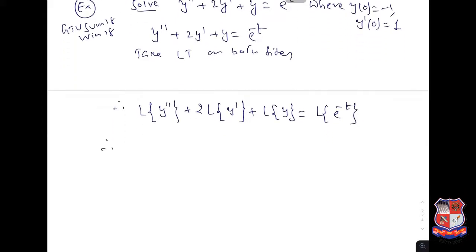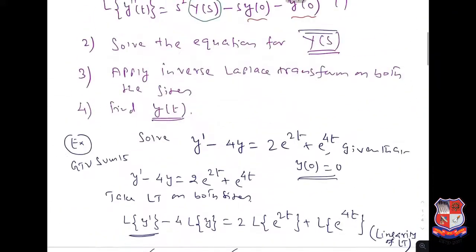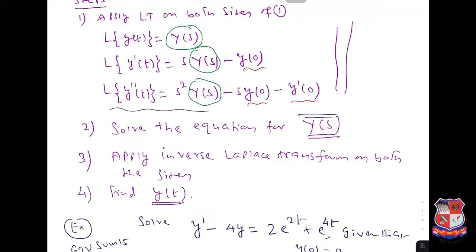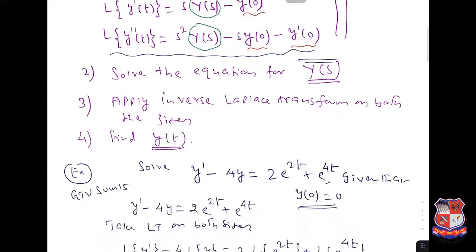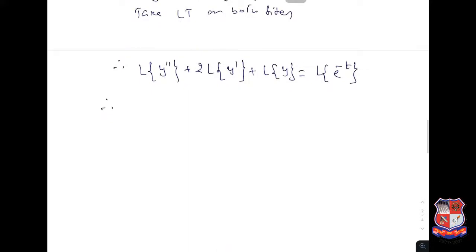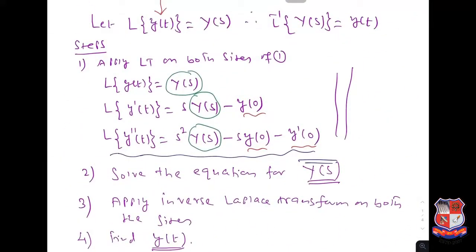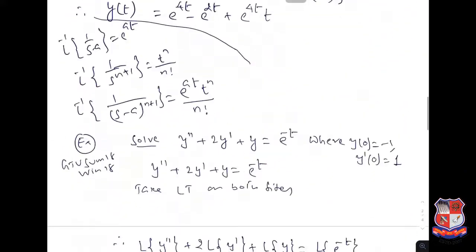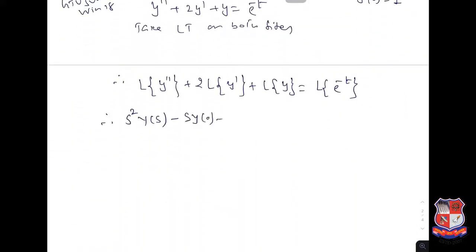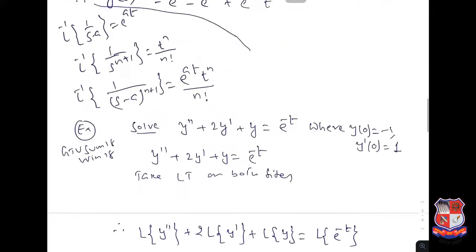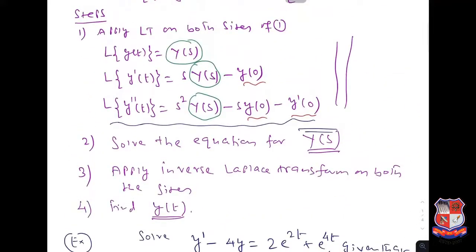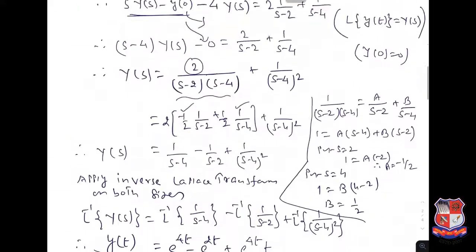Now, see the Laplace transformation of y second derivative is s square Ys, so you need to remember that formula, s square Ys minus s y at 0 minus y dash at 0. Plus 2 Laplace transformation of y dash. Now, Laplace transformation of y dash is s Ys minus y at 0.